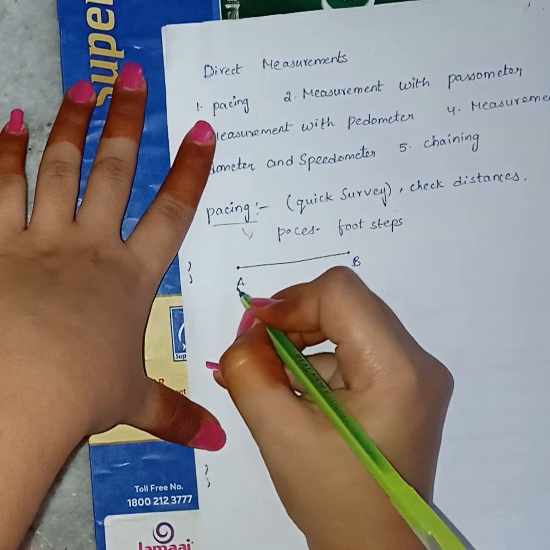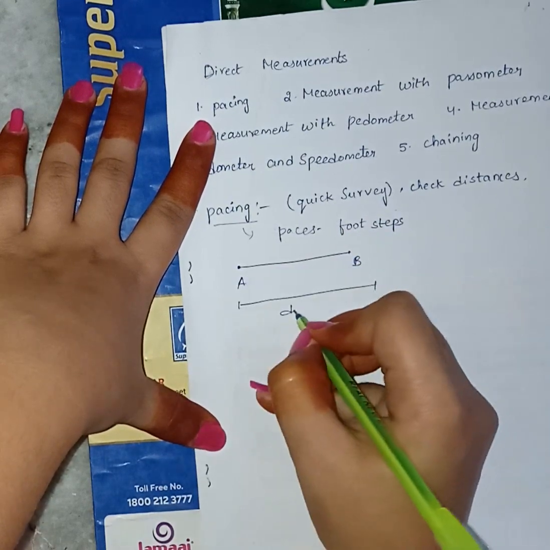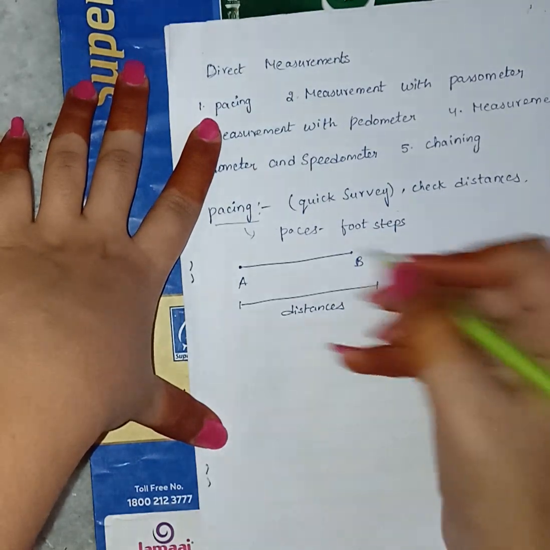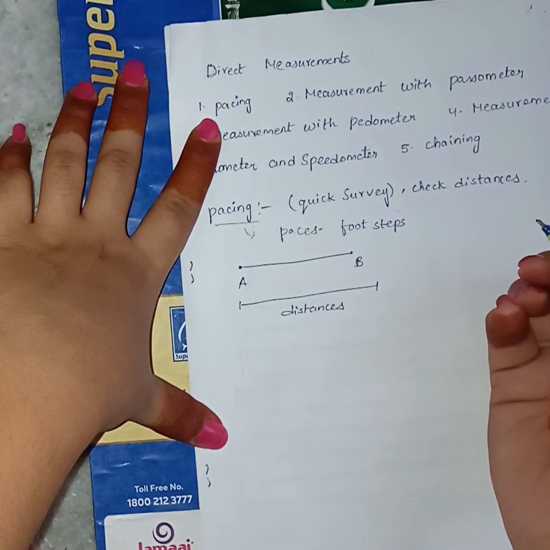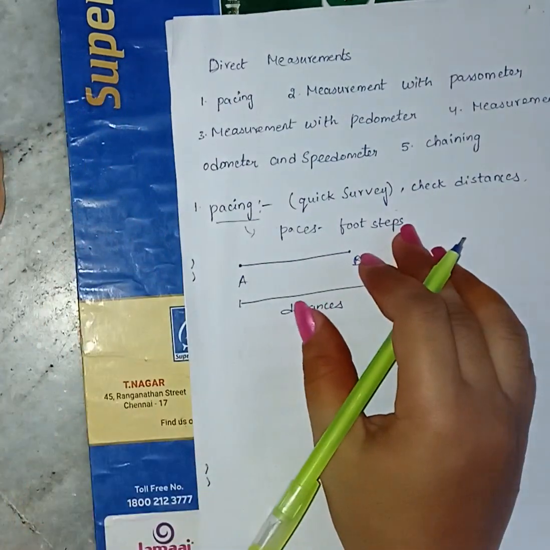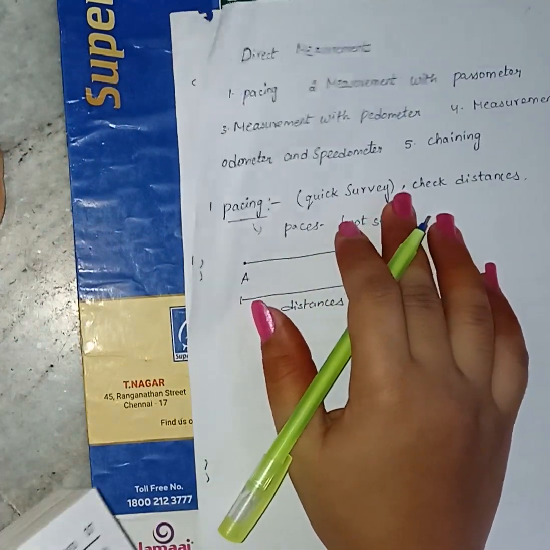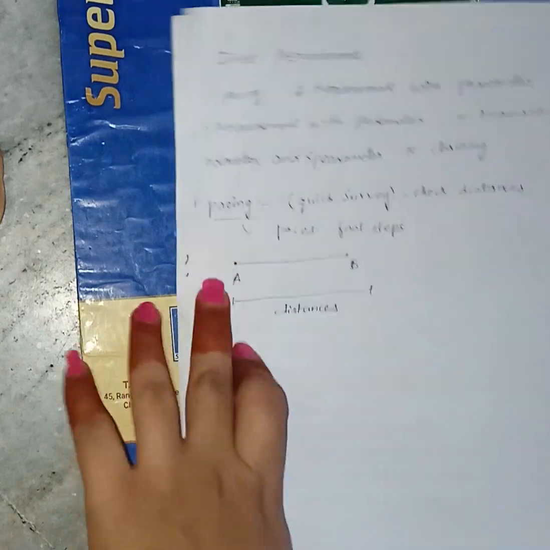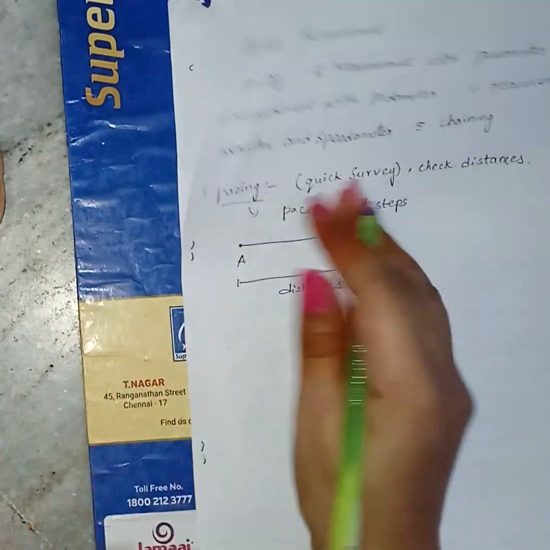So from point A to point B, for counting the number of footsteps, we are using this pacing method. The length of line can then be computed by knowing the average length of the pace. By taking the average length of the pace, the overall length between A and B can be found out.